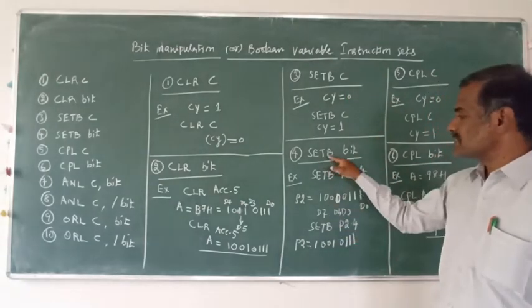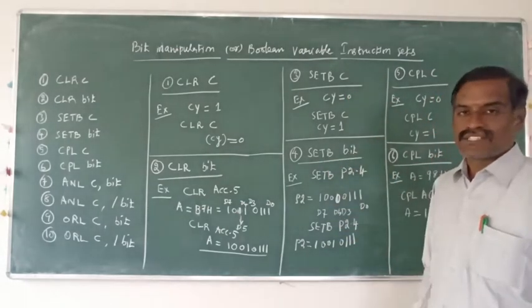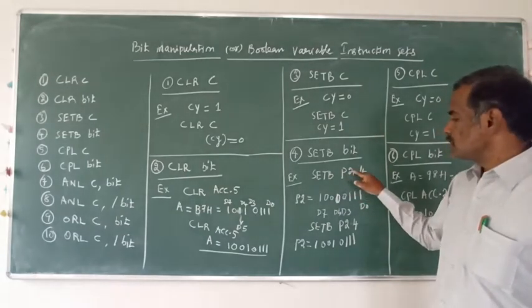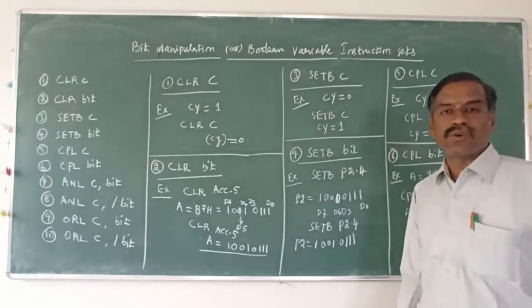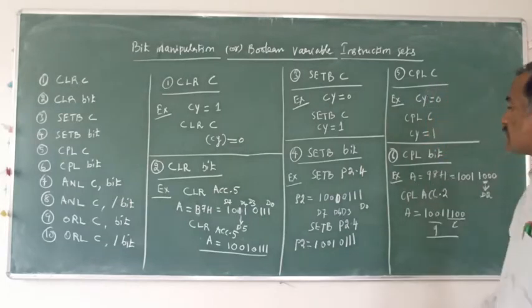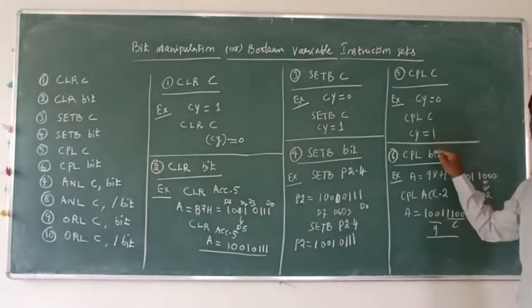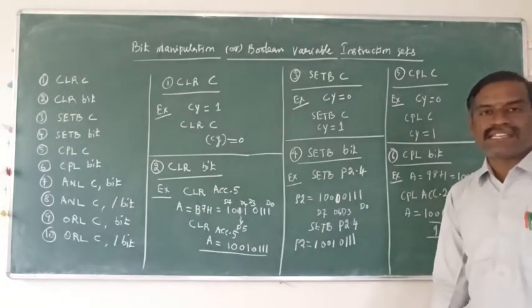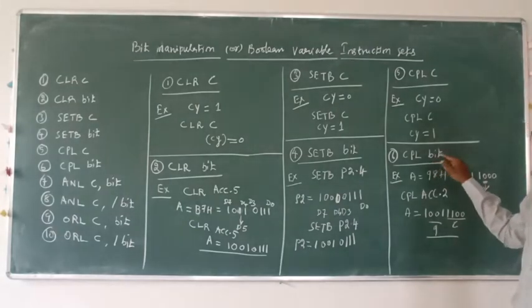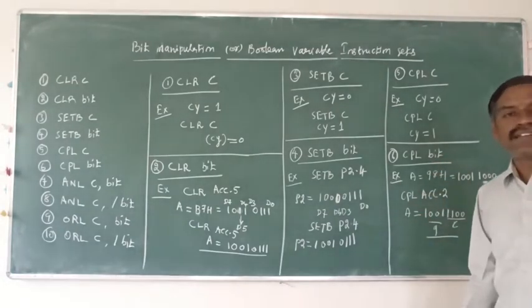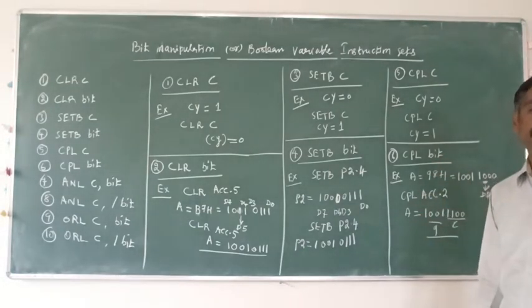And this is for SETB particular bit. Suppose port 2 5th position bit to set into 1. And these 2 instructions are for complement the carry status, and this is for complement that particular bit position.